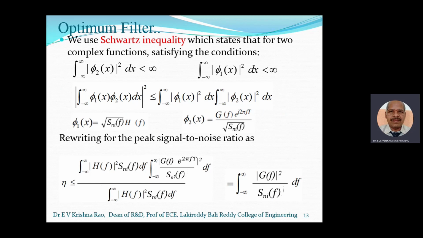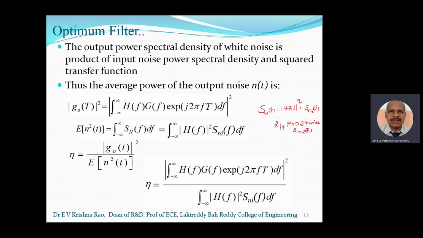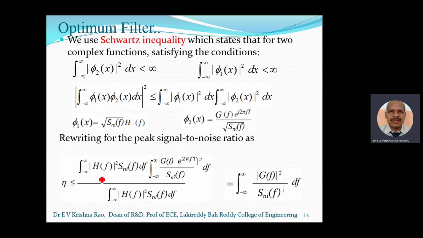Now we can simplify this numerator term as the product of squared magnitudes of this integral function, using the Schwarz inequality condition. The Schwarz inequality is a condition in mathematics where these two complex functions, phi 1 of x and phi 2 of x, have integrals of squared magnitude less than infinity.